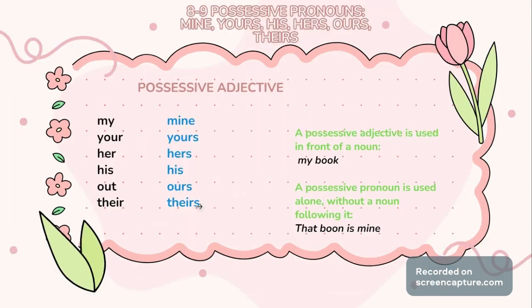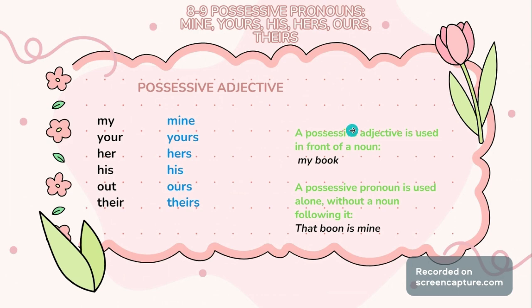Next, possessive pronouns: mine, yours, his, hers, ours, theirs. So it is called a possessive adjective. My becomes mine, your becomes yours, her becomes hers, his stays his, our becomes ours, their becomes theirs.